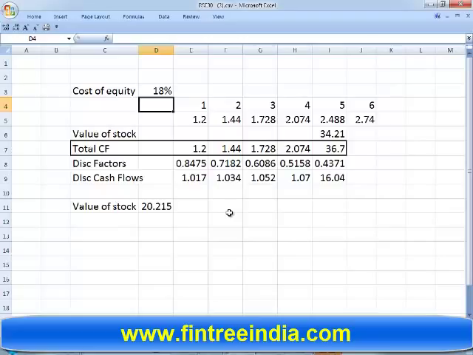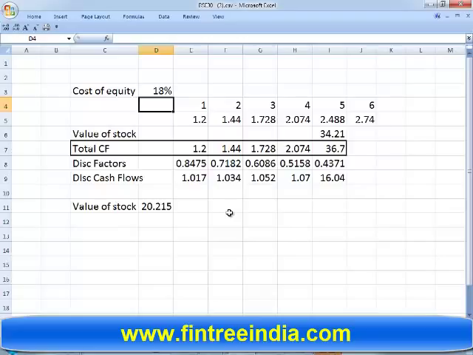Yes, Rachna. See, first calculate terminal value. Terminal value now in this case would be 2.74 divided by 8%. 2.74 divided by 8%, how much is it coming? 34. So what will the last cash flow be? 34.21, and whatever your 34 plus 2.488. So your last cash flow will be 36.7.